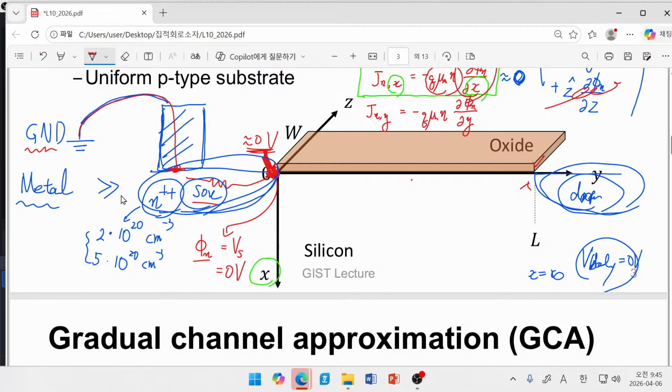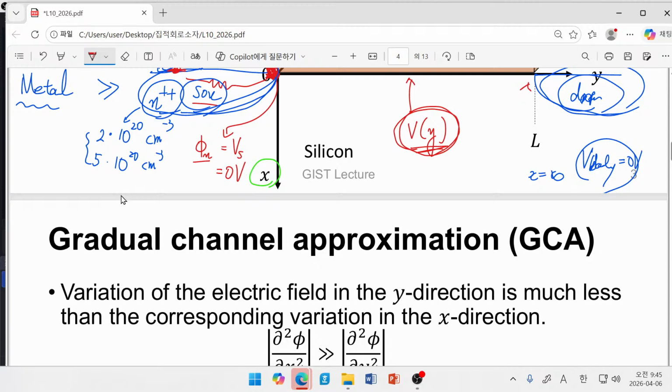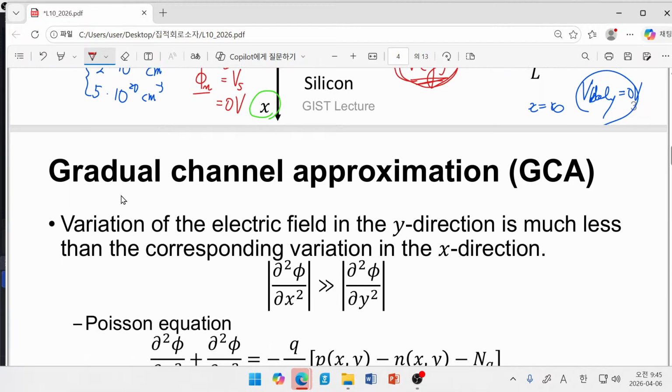Now our variable just becomes V of y, the electron quasi-Fermi potential, which varies only along the y direction. So by knowing this quantity, we can solve this problem. That is a great simplification. Okay, so now today's main topic is the so-called gradual channel approximation.